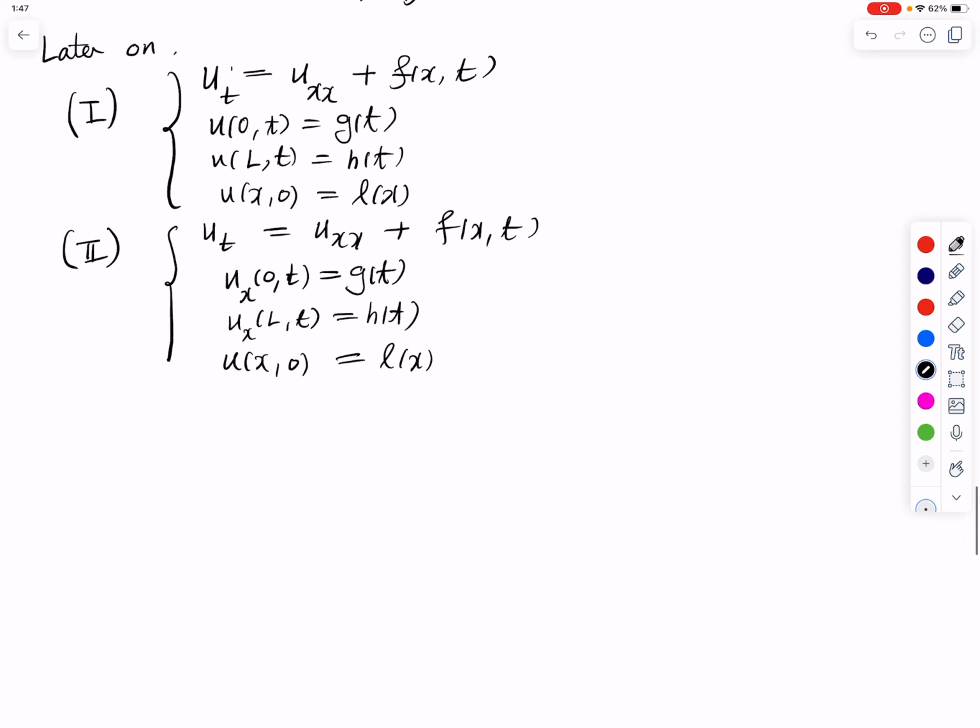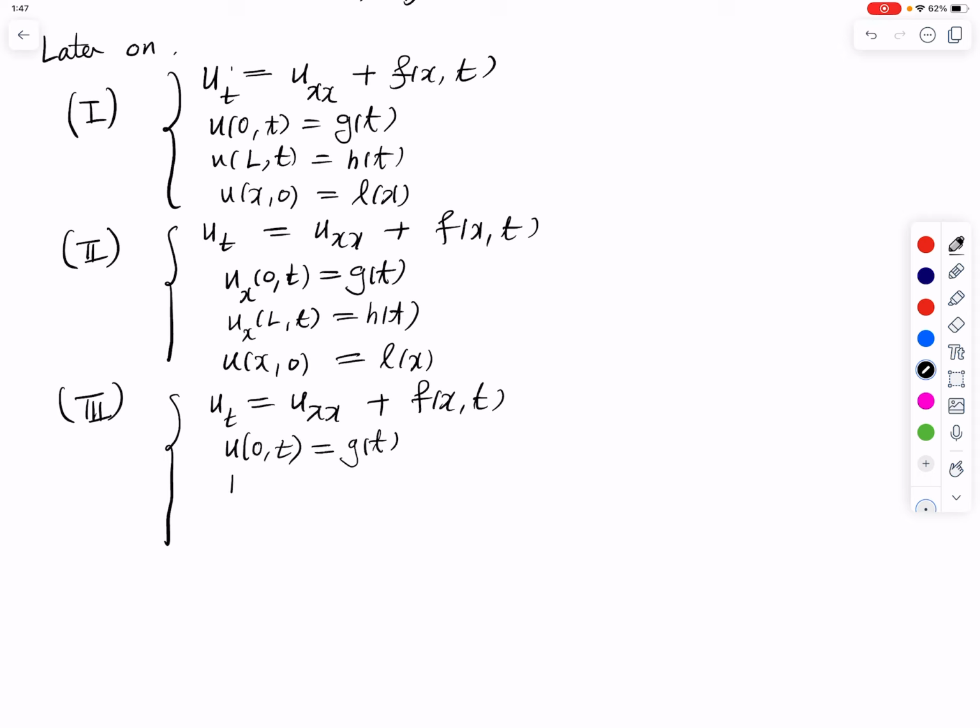And then I will also do another problem, number 3, the same heat equation u t equals u xx plus f(x,t), and then I have the condition u(0,t) equals g(t), u x(L,t) equals h(t), u(x,0) equals l(x). Okay, I just change the boundary conditions.